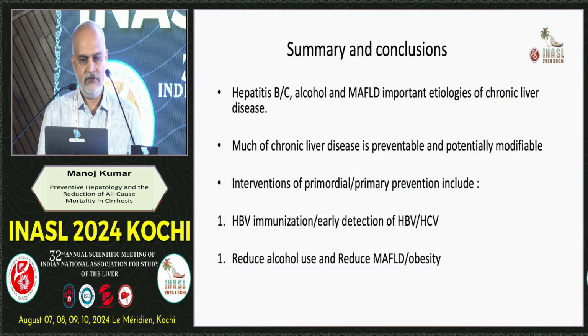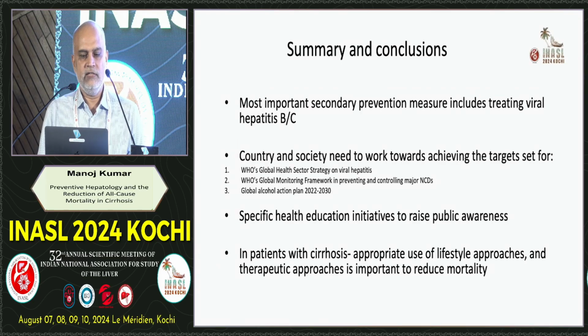To summarize, ladies and gentlemen, hepatitis B, C, alcohol and fatty liver are important etiologies of chronic liver disease, and most chronic liver diseases are actually preventable and modifiable. Interventions of primordial or primary prevention include immunization for HBV, early detection of HBV and HCV, reducing alcohol intake, and reducing fatty liver and obesity.